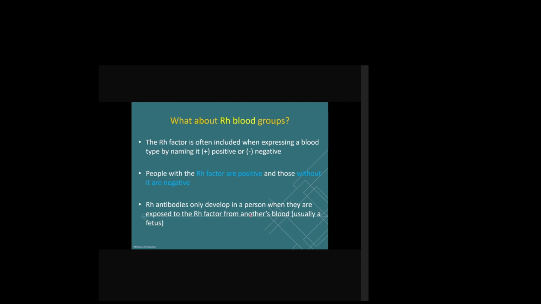So if somebody had blood type A and then receives blood from somebody that is blood type A as well, but has the rhesus antigen on them, their immune system will react, not because of the A antigen, but because of the rhesus factor.